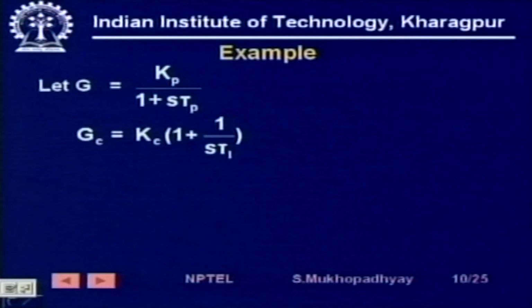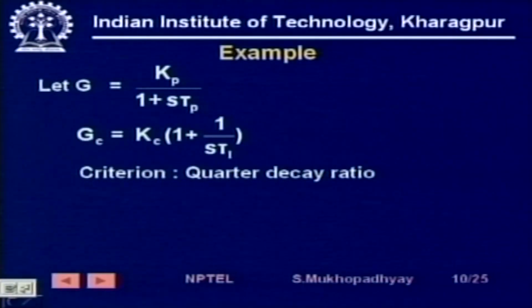I have already selected a PI controller, and I want to set the value of Kc and Ti. Suppose my criterion is quarter decay ratio, that means the ratio of the second overshoot to the first overshoot will be 0.25, right.